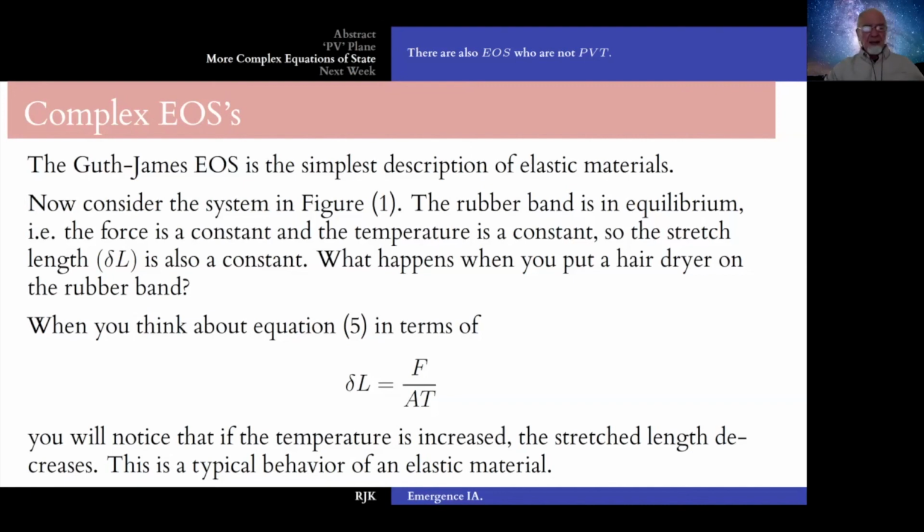And yes, most polymers behave that way. And not only that, this equation only holds if the stretching, the weight, is so small that the stretching is small compared to the equilibrium length. So there are a lot of limitations in this particular equation of state.